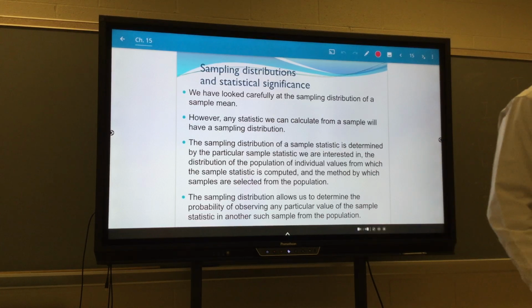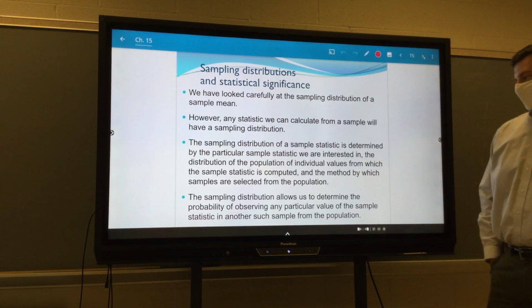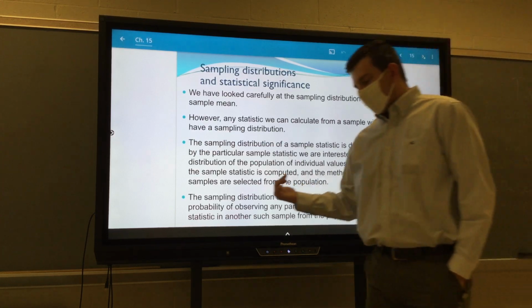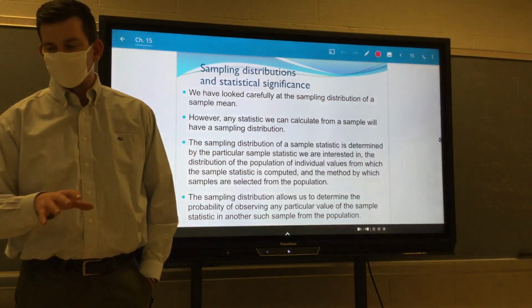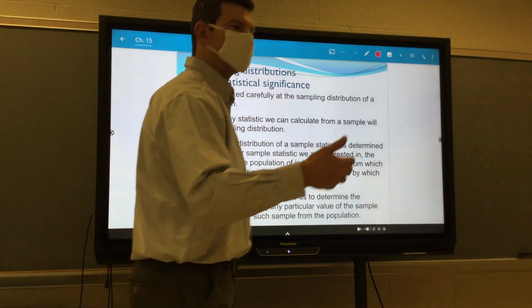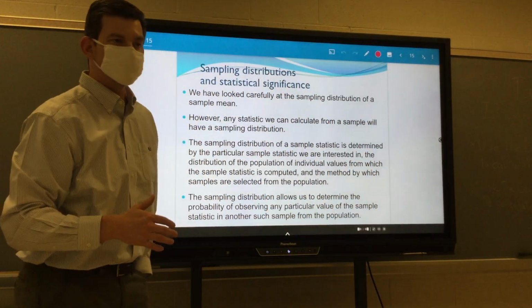The sampling distribution of a sample statistic is determined by the particular sample statistic we are interested in, the distribution of the population of individual values from which the sample statistic is computed, and the method by which the samples are selected from the population. So that's saying that we've been looking at simple random samples. Our other random sampling techniques should still follow these rules.